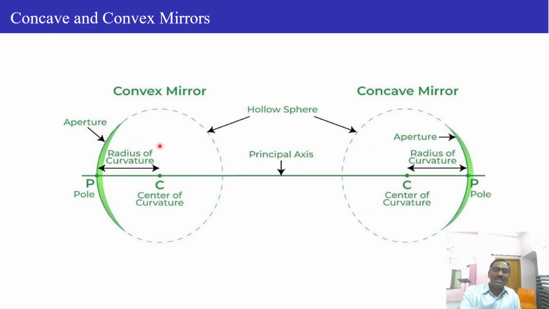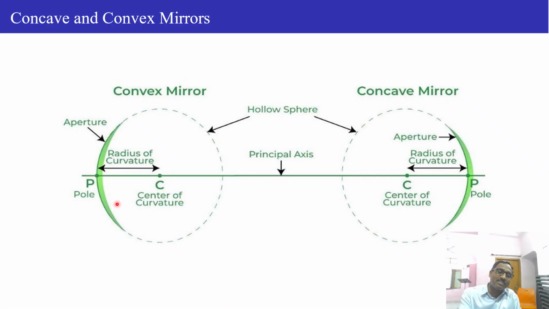See here, this is a sphere. Assume this is a hollow glass sphere. This is also a hollow glass sphere. Here I am taking a part. Cut here. This is the part I am getting. So what about this part? The outer curved surface is a reflecting surface.